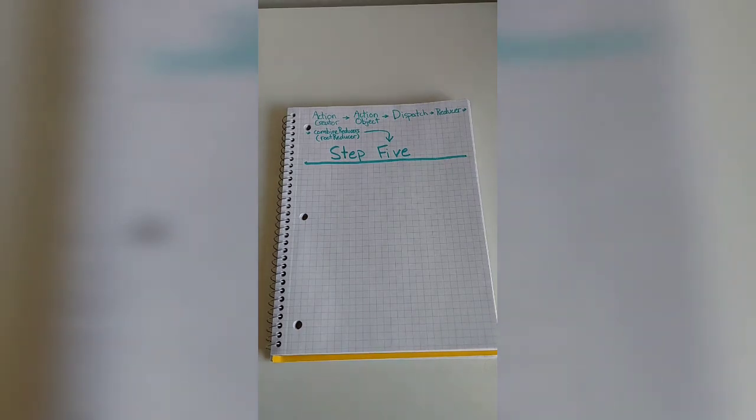So after we've combined our reducers into our root reducer, it's finally time to create our Redux store. This is actually done with a built-in method on Redux called createStore. This takes in the root reducer, and for our case it will also take in dev tools that we can use to analyze this.